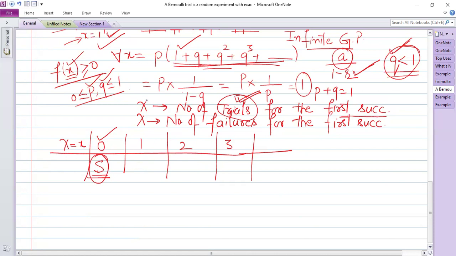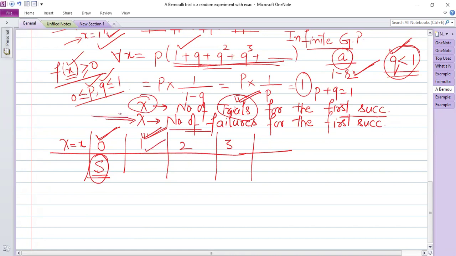So if you have observed, for that x the value started from 1. But for this x, the random variable for the number of failures, the values will start from 0.